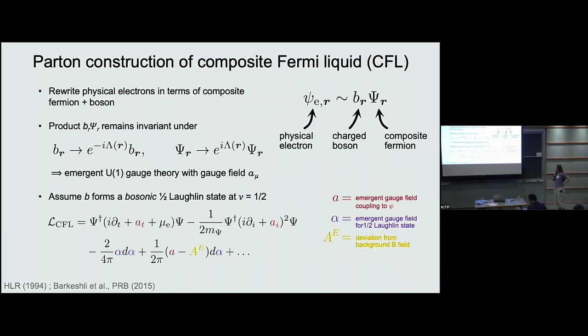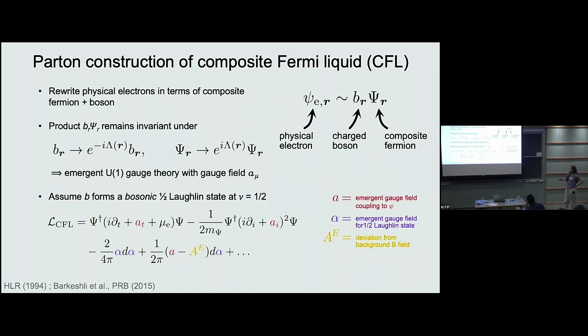And so in total, then, we have our composite fermions, with a sort of kinetic term here. And then I have this alpha, which is that same term I had, which by itself would describe the 1/2 Laughlin state.